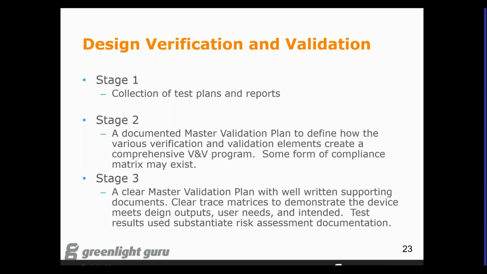Now, what I'm seeing more and more, with the companies that have better control over all of this, I would consider a stage two. You've got some sort of a master validation plan that's going to say, this is how I'm going to do this test plan for 60601 testing.